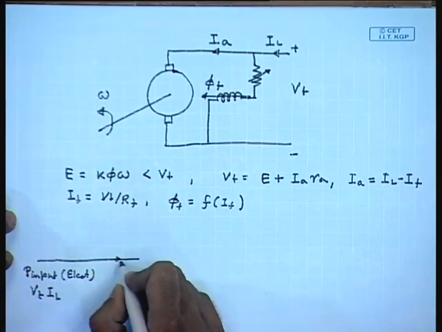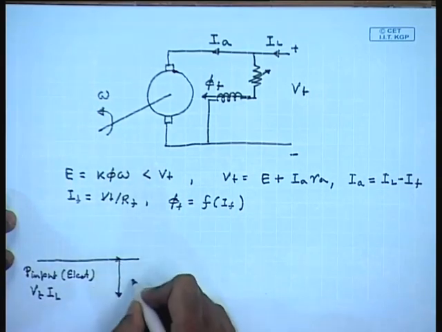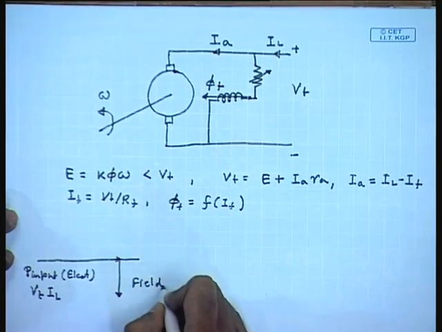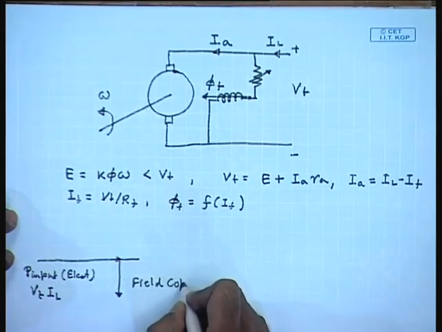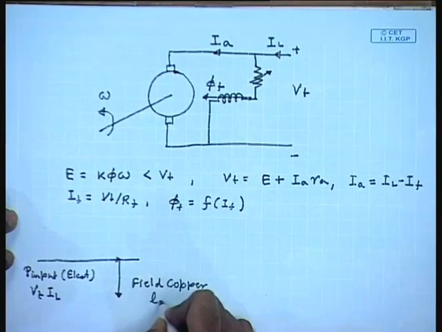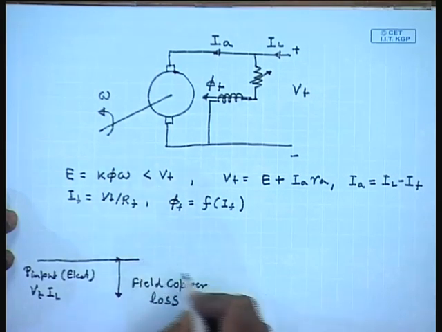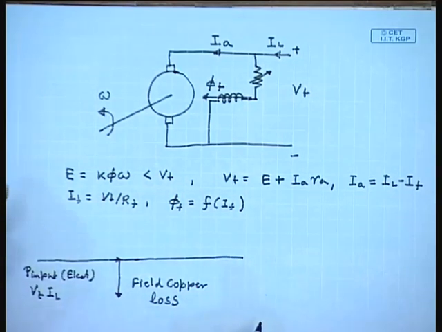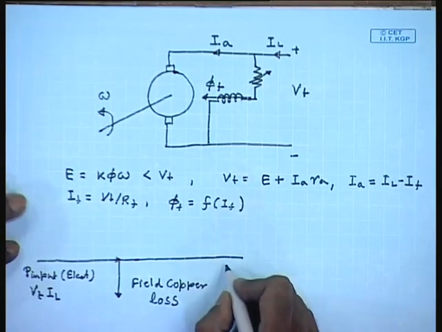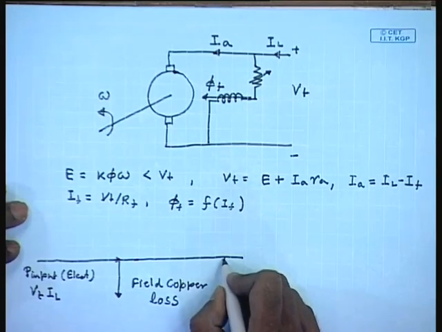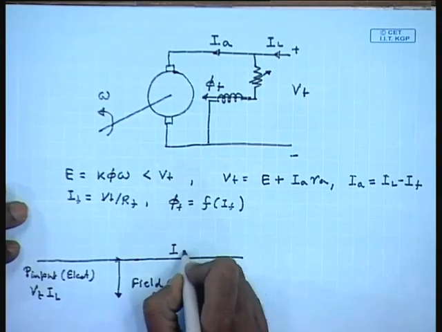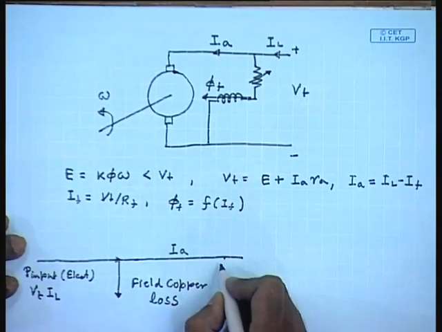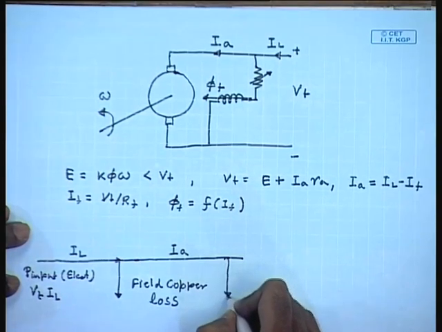The first loss encountered is the field copper loss. The next is, the current here is Ia. Here the current was IL. Next is armature copper loss.